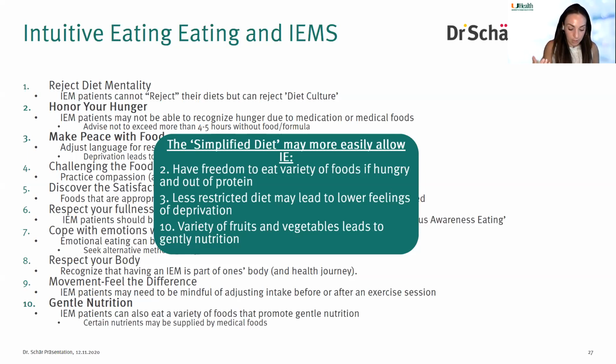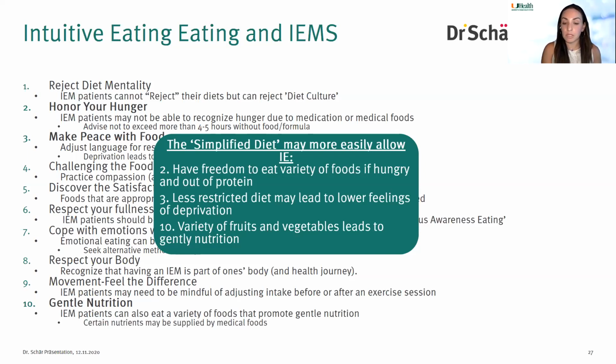I know in one of the papers by Laurie Bernstein, one of the positive aspects reported by patients who were surveyed on the simplified diet was that they had more freedom to enjoy more foods. The simplified diet may allow for principle 2.